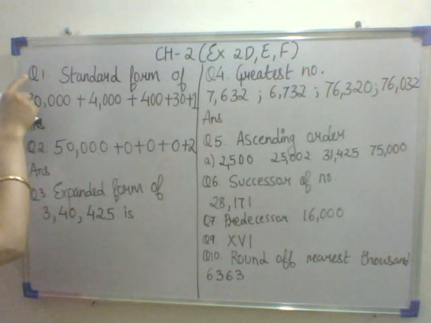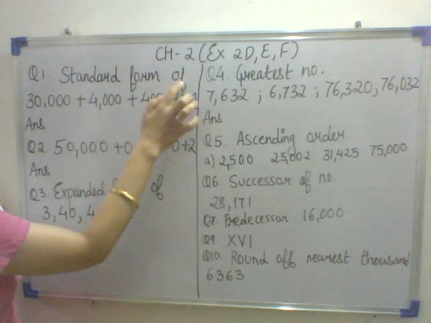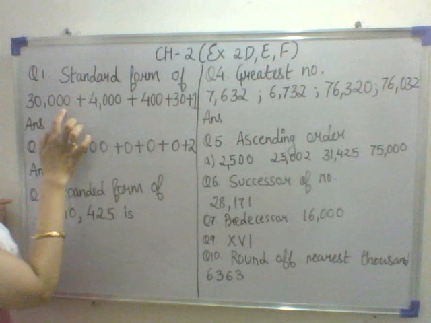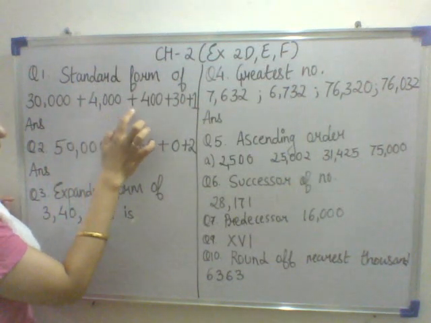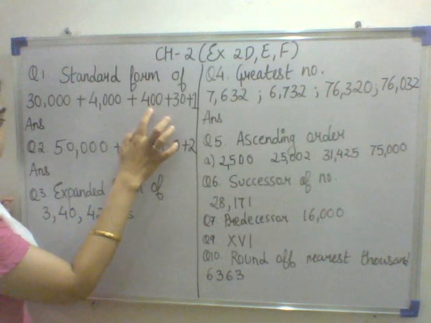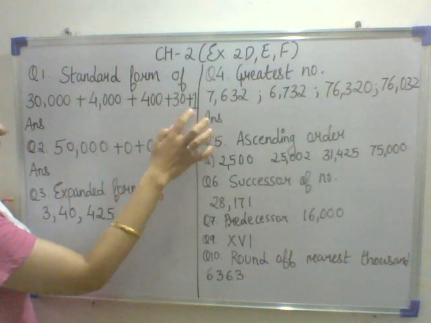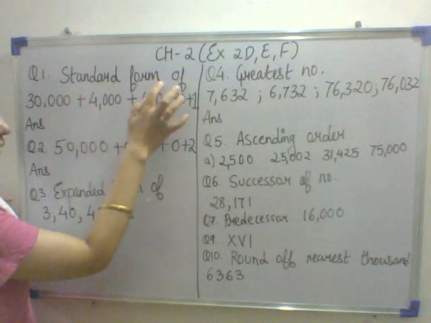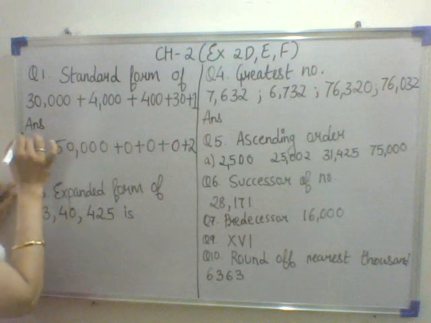So the first question was the standard form of 30,000 plus 4,000 plus 400 plus 30 plus 1. You have to write the standard form of this. So how will you write it?